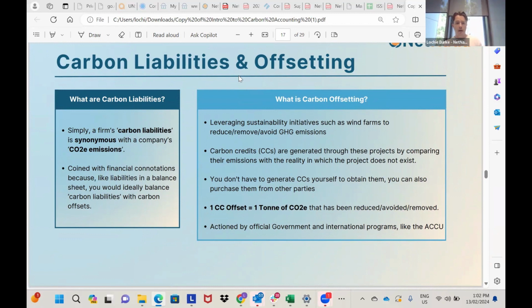So with that said, now we're going to jump into our carbon offsetting and understanding what our carbon liabilities are. This is an incredibly important part of any business who's looking to become carbon neutral, or who's even just looking to offset small parts of their emissions.